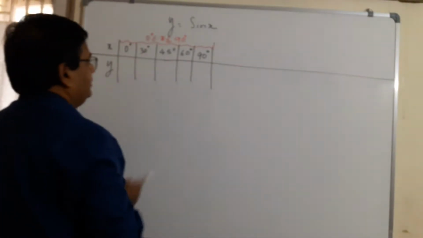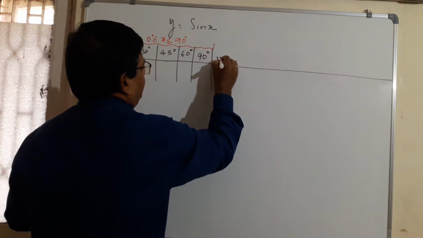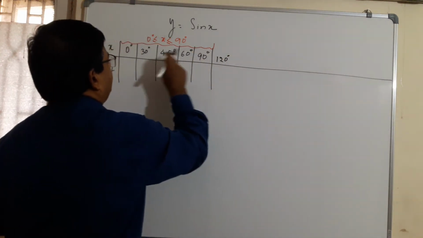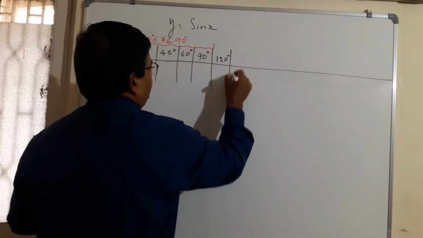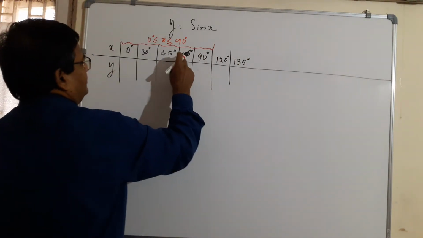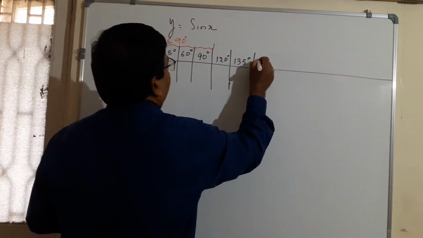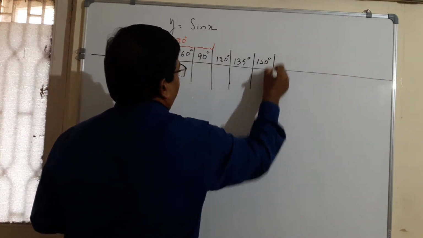Second quadrant, 90 plus 30, 120 degree. 90 plus 45, 135 degree. 90 plus 60, 150 degree.